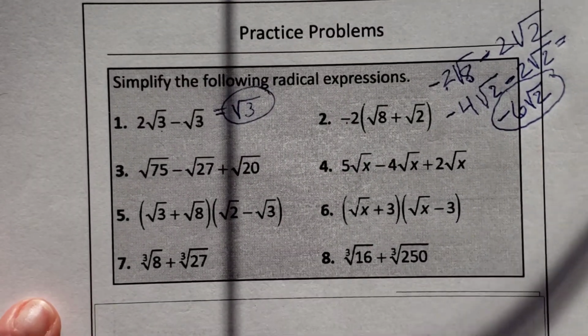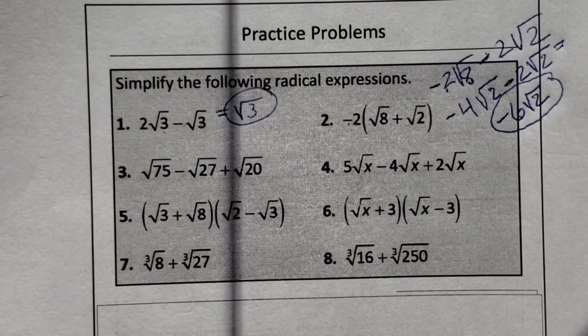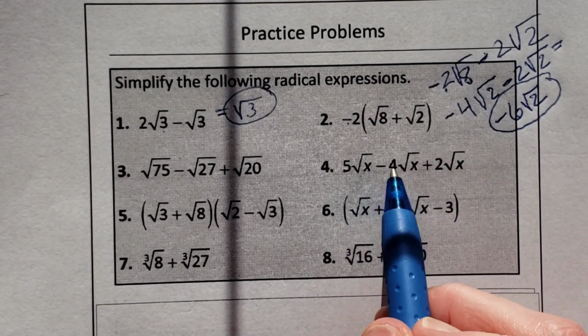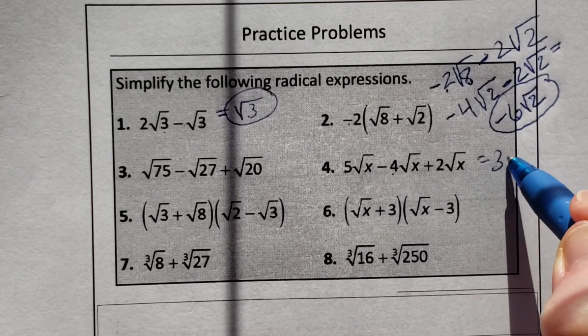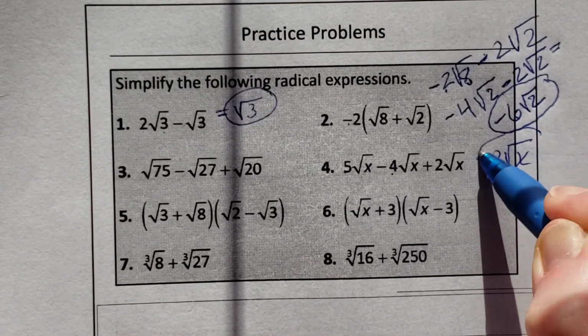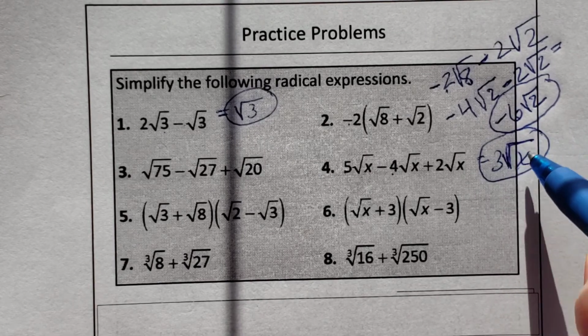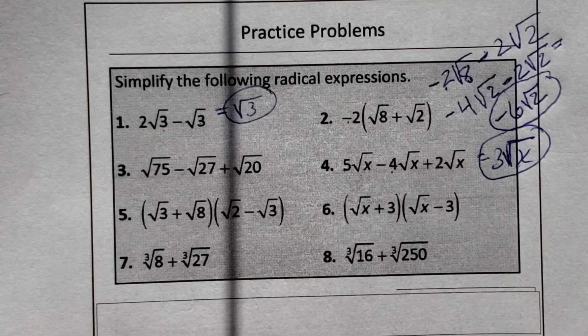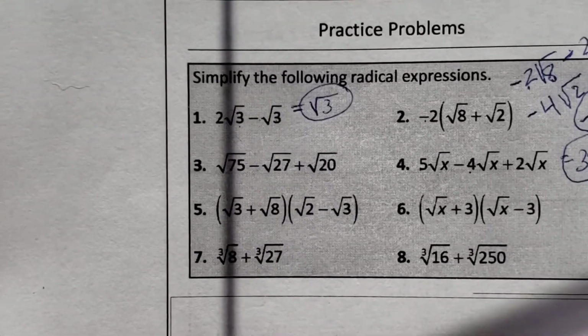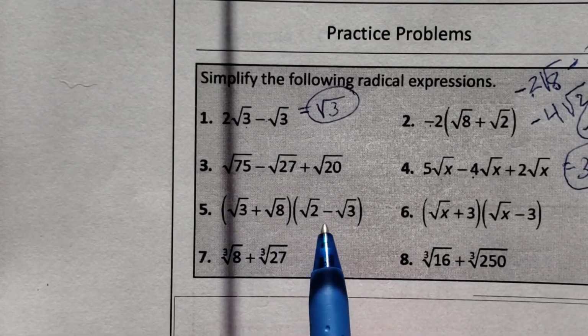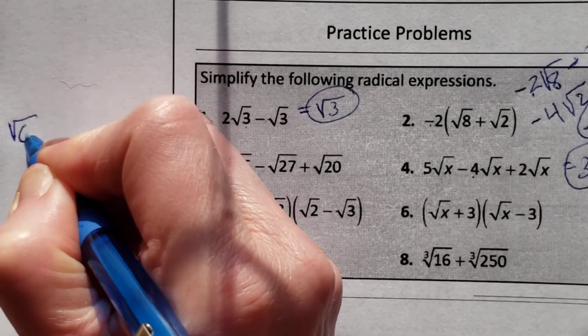Number 4, those are like terms. So I'm just subtracting 5 minus 4, get 1, and 1 plus 2 is 3 square roots of x. 3 square roots of x. We're foiling number 5, so I'll do that over here. So square root 3 times square root of 2 is square root of 6.